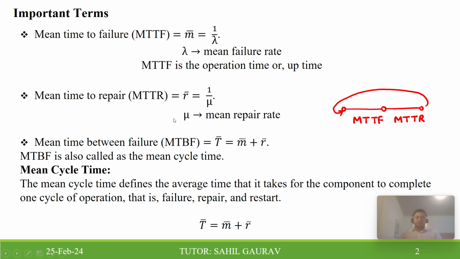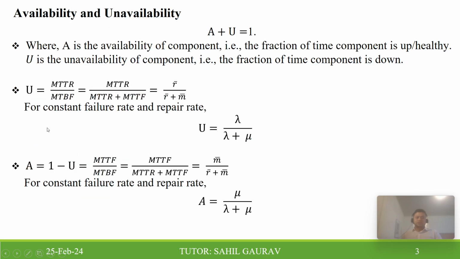Let us recapitulate all these terms. Now the second important thing is the availability and unavailability of a component. Either a component is available or unavailable, so it is in binary terms. A plus U is equal to 1.